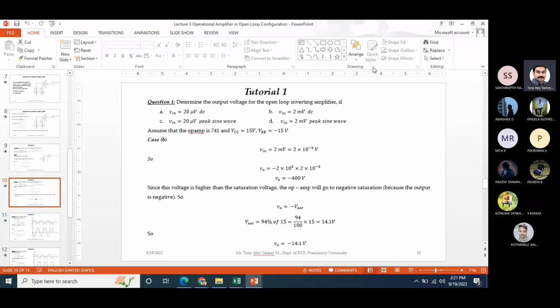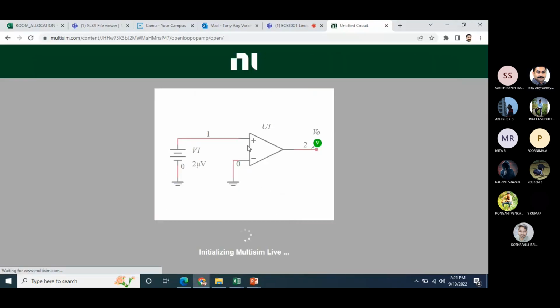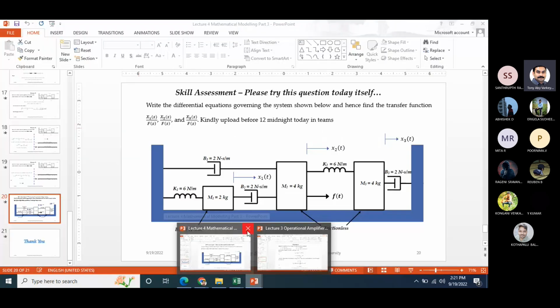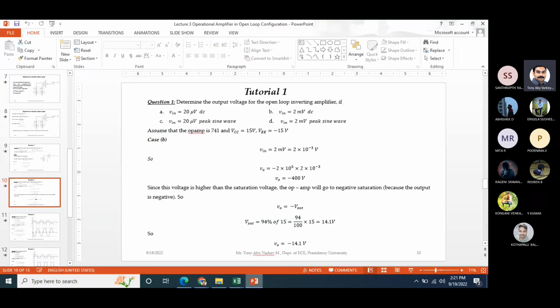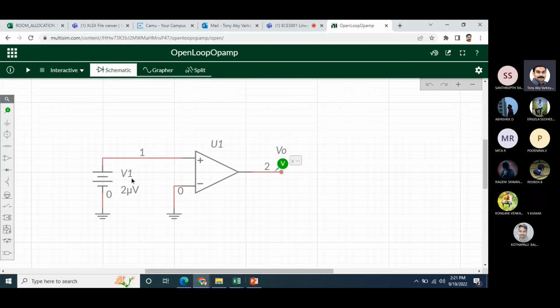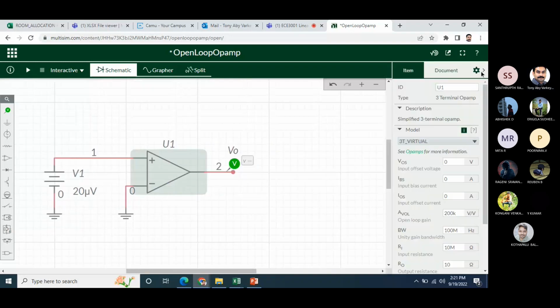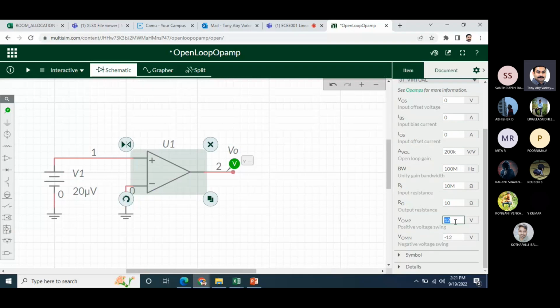First was 20 microvolt DC. So let us give this 20 microvolt. Supply voltage is given as 15 and minus 15. So I will change here. This is 12 now. I will change it to 15 positive voltage swing and negative voltage swing minus 15.